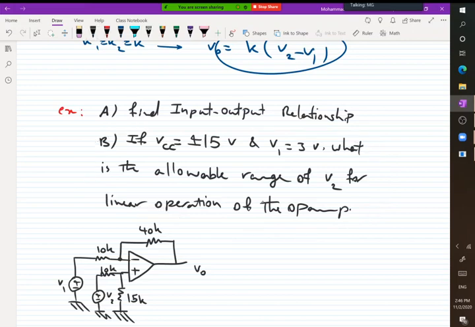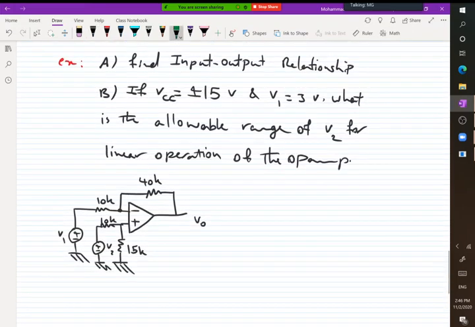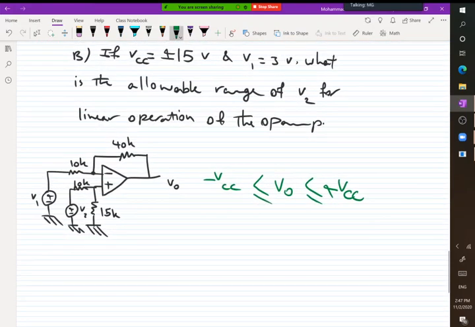We said that in order for an OpAmp to operate in a linear range, the VO should be in between negative VCC and positive VCC. Okay, so it's very important. So as long as VO is greater than negative VCC and less than positive VCC, it is in linear.